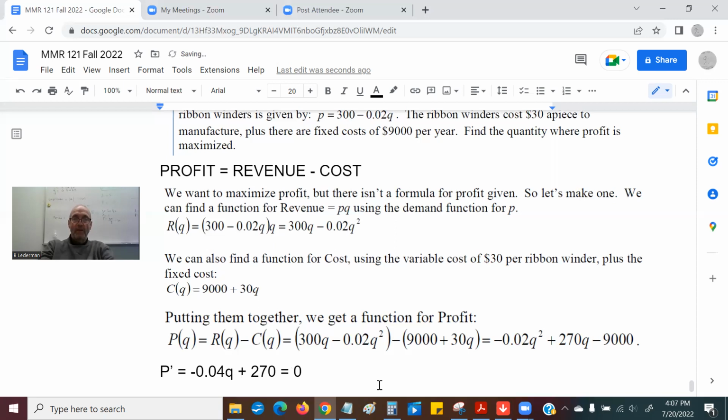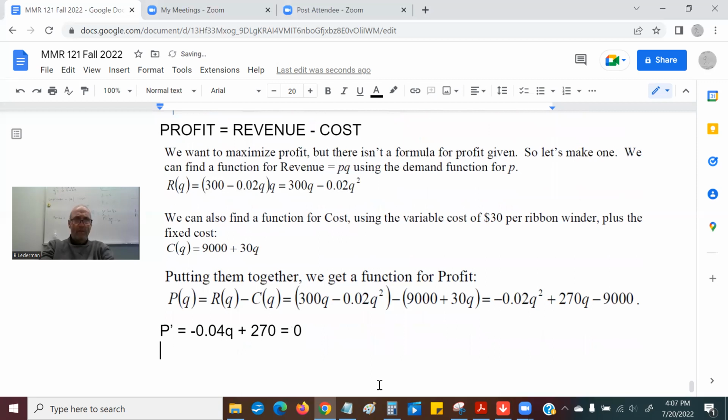That's going to give me 0.04 Q equals 270. And then when I divide both sides by 0.04, I'm going to get the grand total.